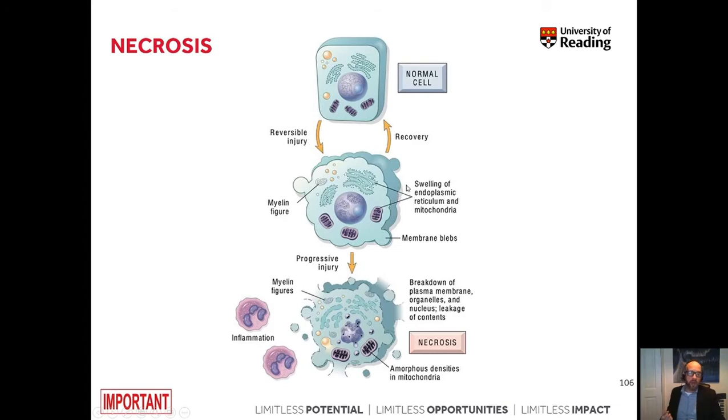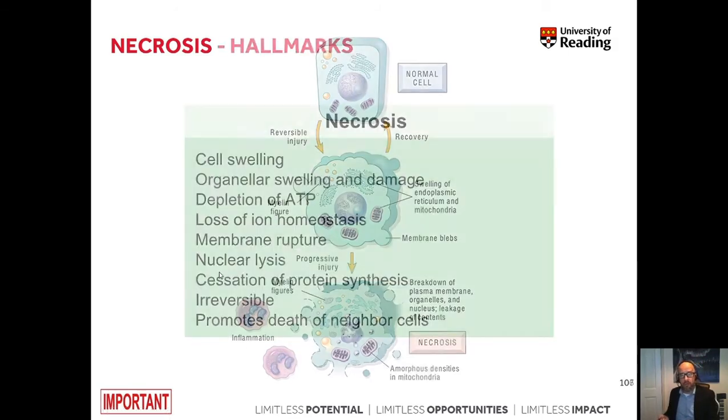We have a swelling of the cell itself, but also swelling of the endoplasmic reticulum and mitochondria. This leads to release of additional calcium from the calcium stores in the endoplasmic reticulum. This leads to progressive injury, accumulation of toxic compounds within the cell, breakdown of plasma membrane, breakdown of organelles and nucleus, and finally leakage of the contents. As a result, there is inflammation in the surrounding of a necrotic cell.